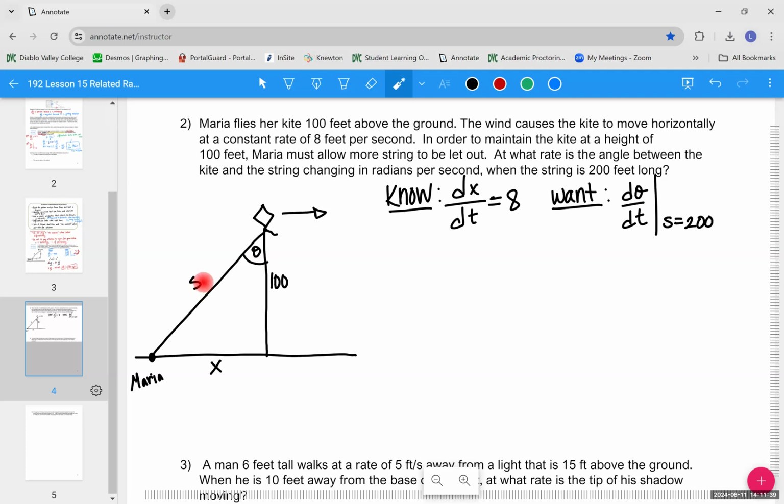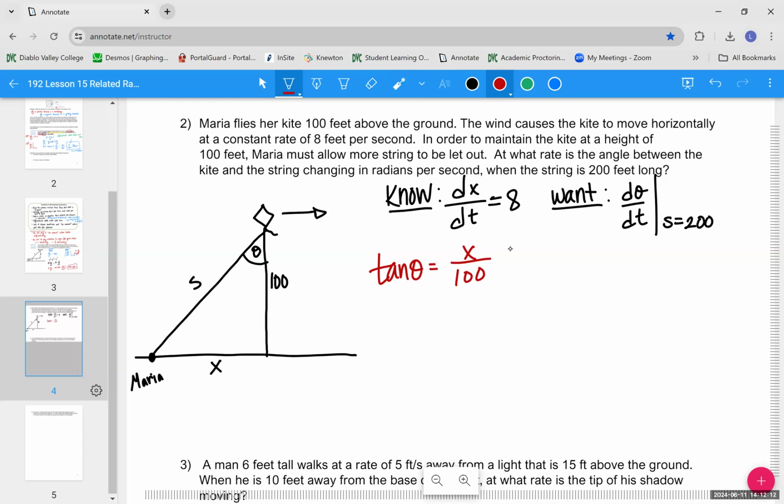Notice that I do not have any information about the rate of change of s. So when I write an equation, I do not want s involved because I will not be able to fill in what ds dt is. So theta and x, what else do we know? Theta, x, what is this? Sure looks like a tangent to me. Opposite over adjacent.